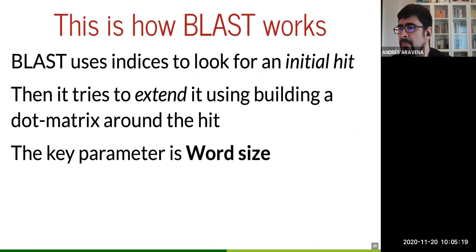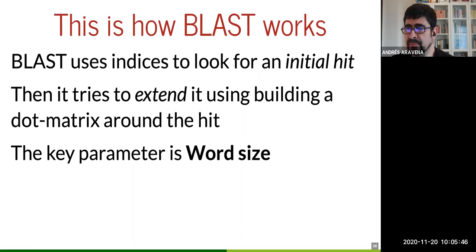So there is a key parameter, and that is one of the reasons why I'm showing you this; there are three reasons about this class, but one of them is this. BLAST has a parameter that exists only because they use indices: you have to choose the word size. In other words, what is the size that you expect to have a perfect match?